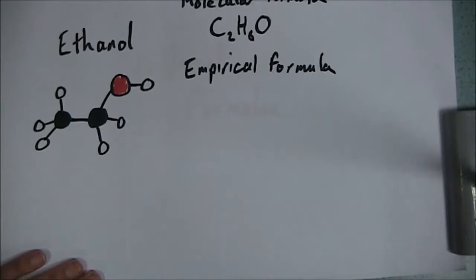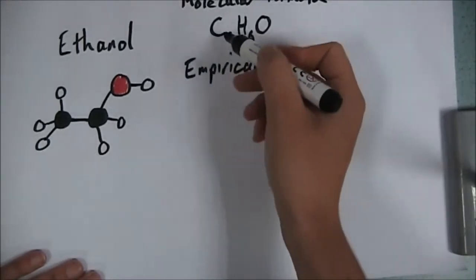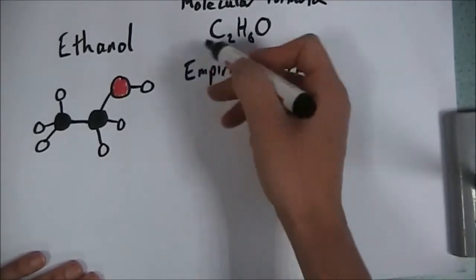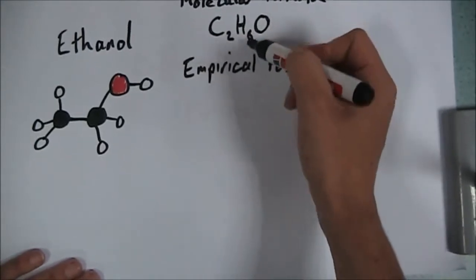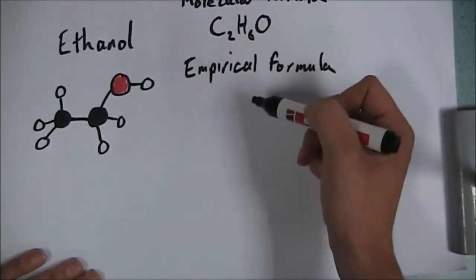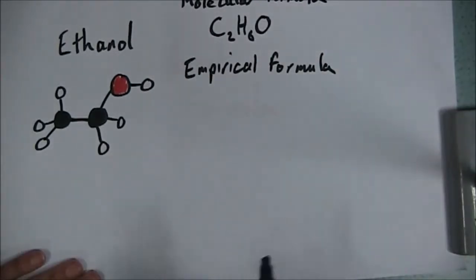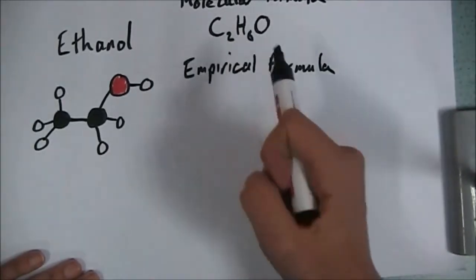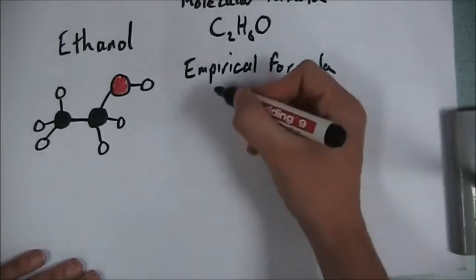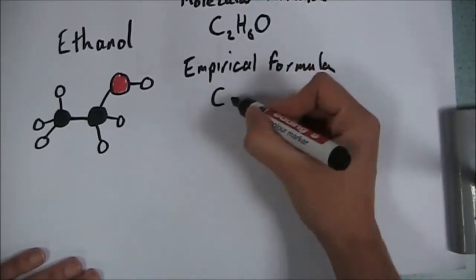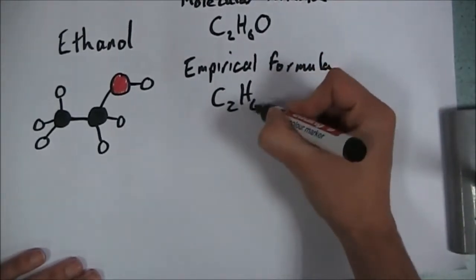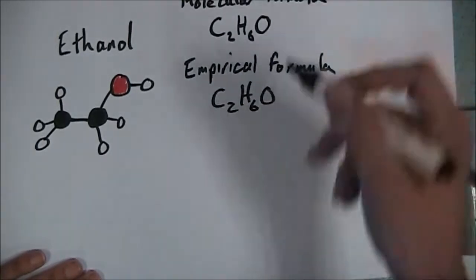We can't say, well, if we have half the carbons, we'll have C, and then we have half the hydrogens, we'll have 3 of them, and if we have half the oxygens, we'll have a half, because the definition says it's a whole number ratio. This is the simplest whole number ratio we can have for this chemical, so therefore C2H6O is also the empirical formula.